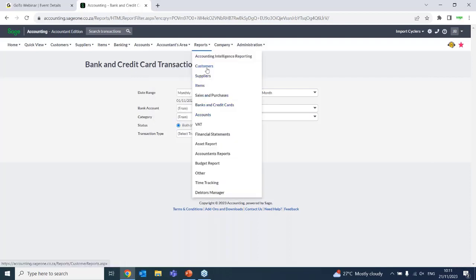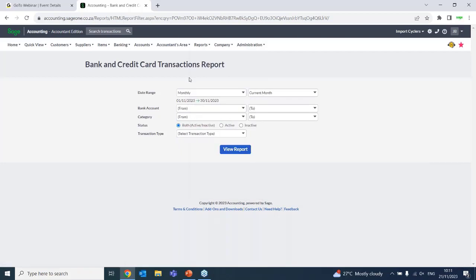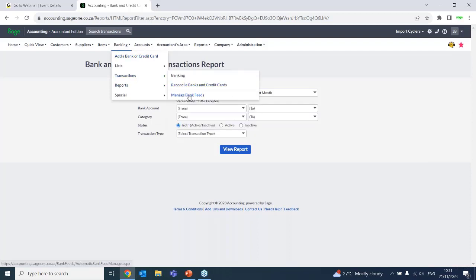So you would probably pull your customers, pull your suppliers, pull your bank and credit card transactions, and you would start ticking them off. Make sure that you didn't accidentally process a customer receipt and also put it through the bank, or do it twice. Same with your suppliers, and then double checking, especially if you are also using the bank feeds.